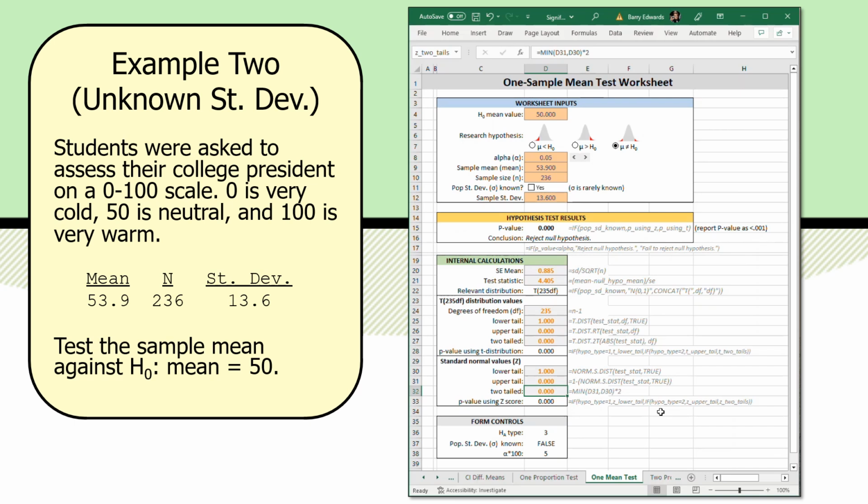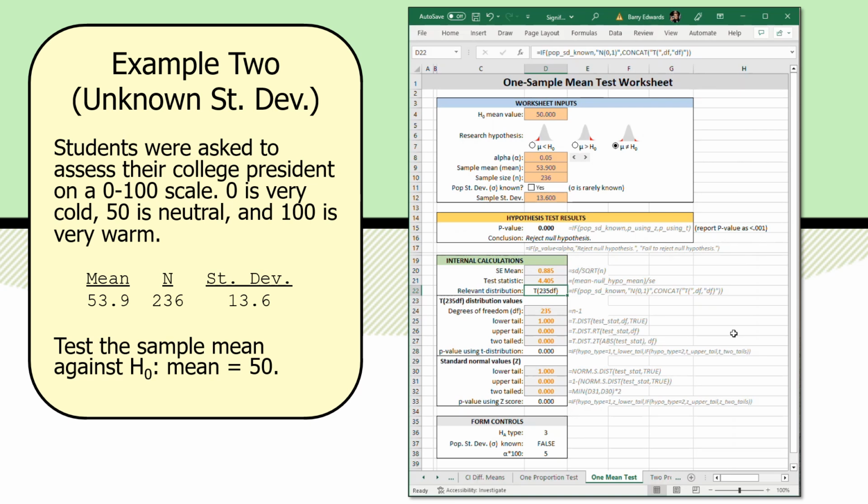And because this means test with an estimated standard deviation uses a t distribution for comparison purposes, this test is often called a t-test. Most significance testing with sample means uses a t-test statistic, and so it's traditionally called a t-test. But as you saw from the prior example, if the population standard deviation is known, you get a z statistic compared to a standard normal distribution.